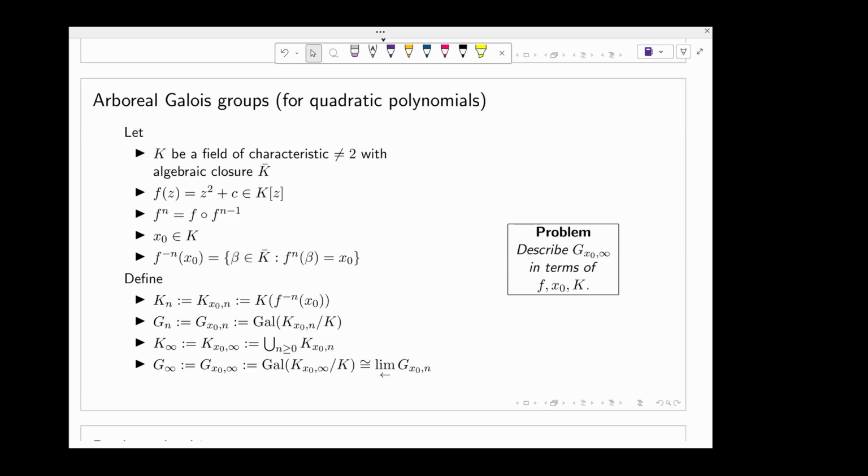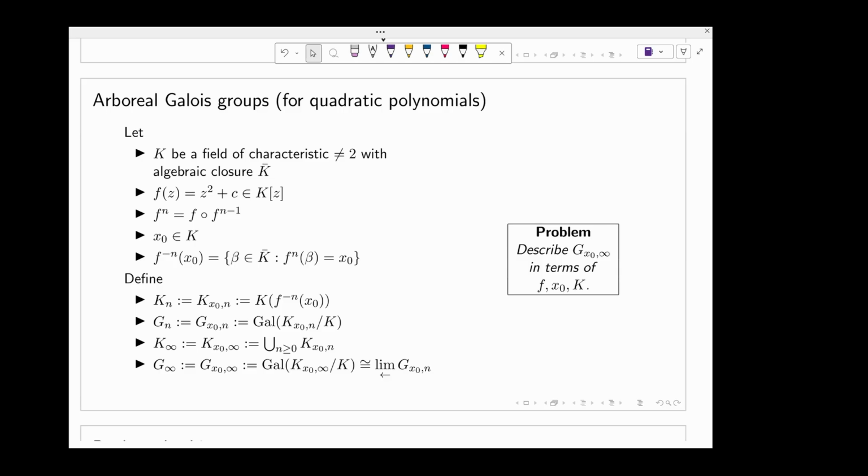I'm going to write K sub n, or K sub x naught n, because this field will depend on x naught, but I'll suppress the notation when it's clear what's going on. And I'm going to do this just by adjoining this nth preimage of x naught to my base field K. This is going to be a Galois extension simply because it's a splitting field of a separable polynomial. So I can think about its Galois group.